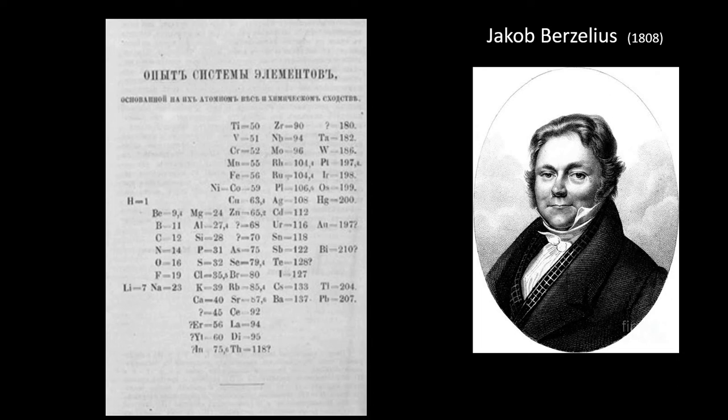Fortunately for us, at about the same time period, Jacob Berzelius, who was also a teacher, came up with the idea of simply using the first two letters of an element's Latin name. Now, some of these have been changed over time due to the name of an element changing.